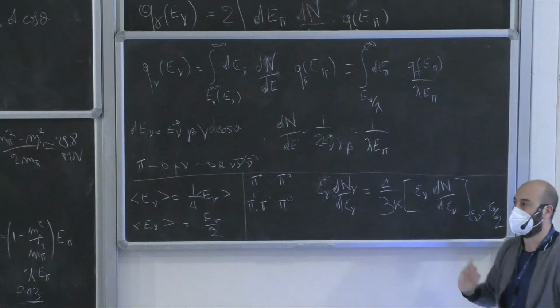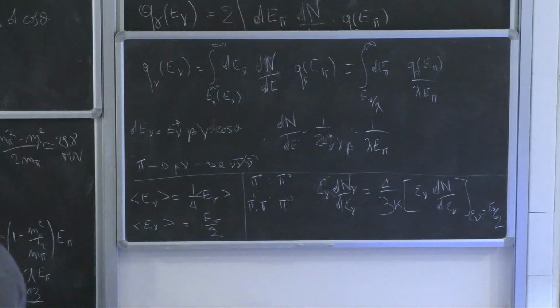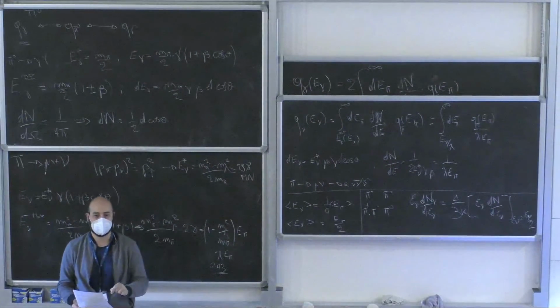Okay? So we have now all the ingredients to show you where the puzzle in the IceCube interpretation comes from. But since I have no more lecture, I cannot tease you for the following lecture, I tease you for the following half of the lecture, and now we take a break. Okay?